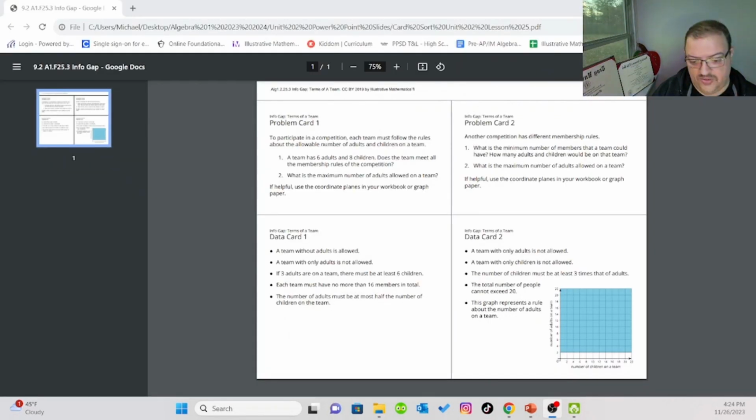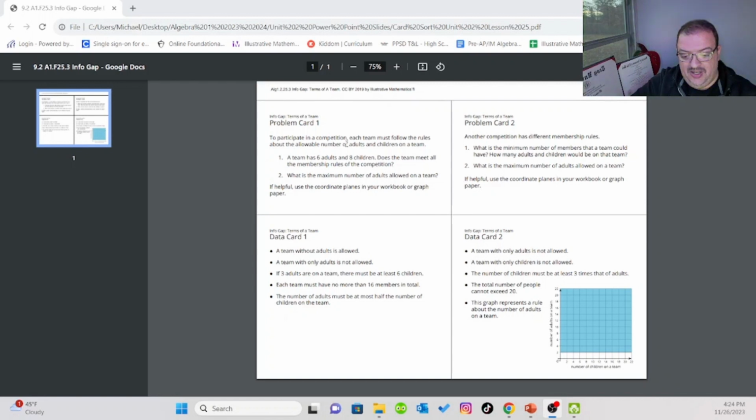On our card sort, we have problem cards and data cards. And we want to use the data card to answer the questions for that corresponding problem card. And what we're looking for is how do these data points allow us to understand the questions?